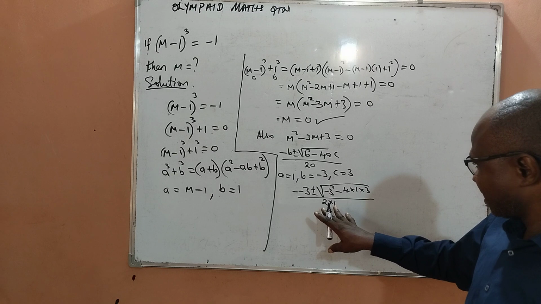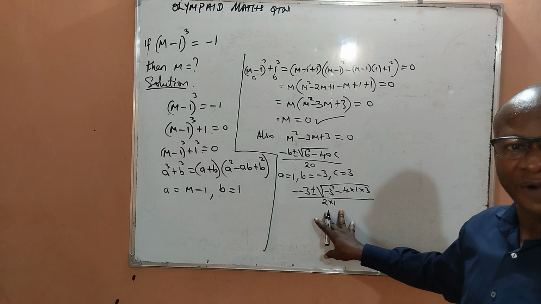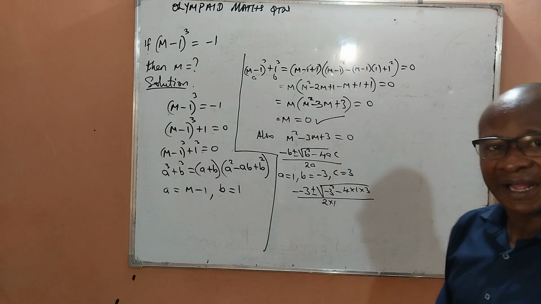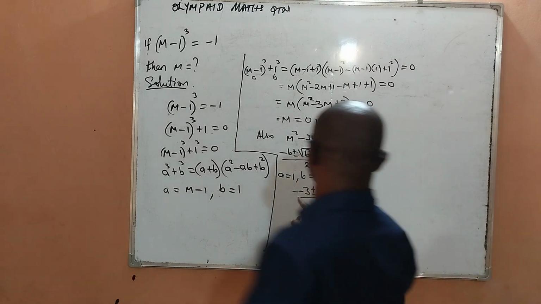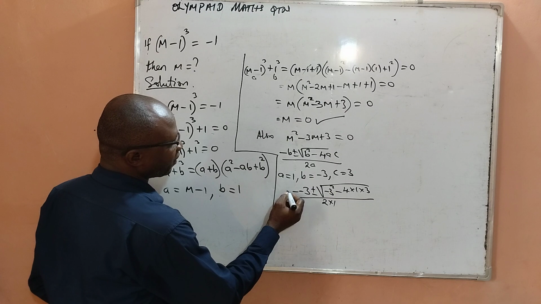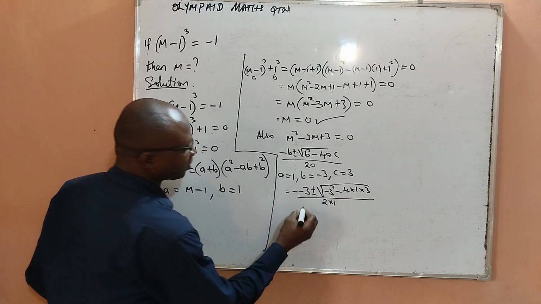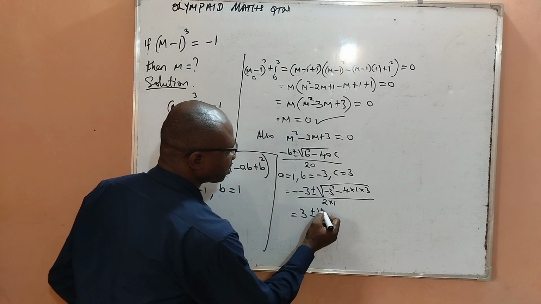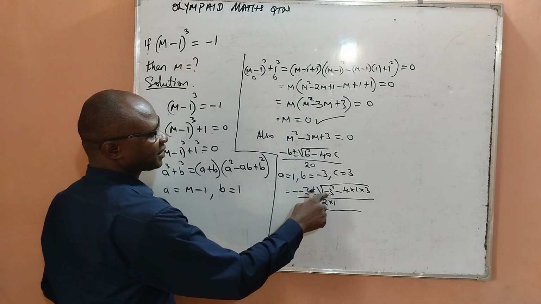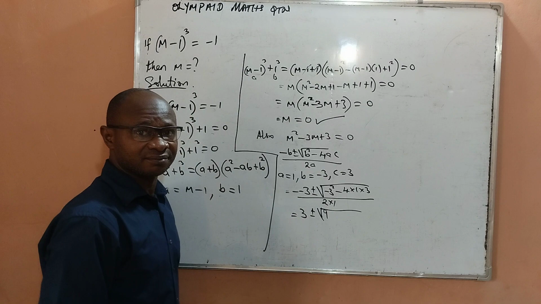We have done the substitution of a, b, and c into the quadratic formula. What next is to look for the result. So moving forward, this is now minus minus, which is 3 positive, plus or minus the square root of minus 3 squared, which will give us positive 9.